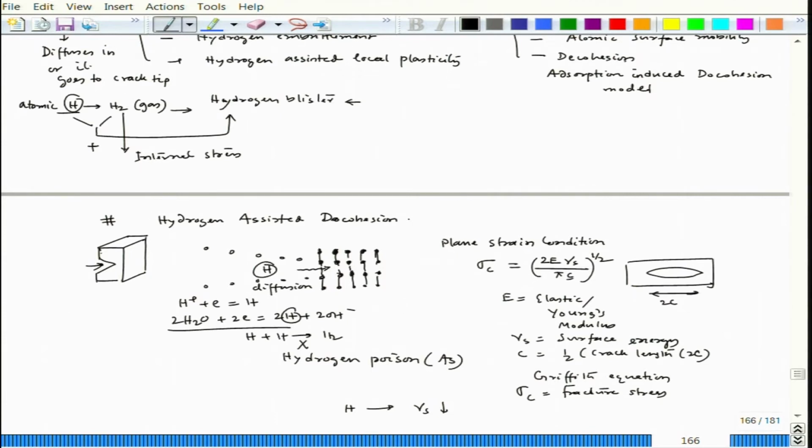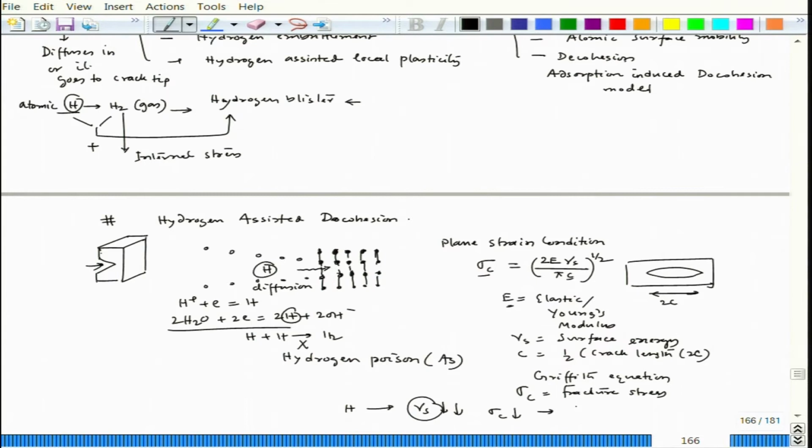It actually reduces the interatomic forces. So if this reduces, then E is a material property, so this sigma C, which is basically the fracture stress, also reduces.